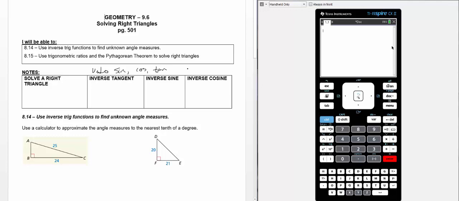So recall that with sine, cosine, and tangent, we do the sine of some angle, and this spits out a ratio. We plug in the value of the angle, 0 degrees up through 90, or up through 180, I should say, and that spits out some ratio or some decimal.